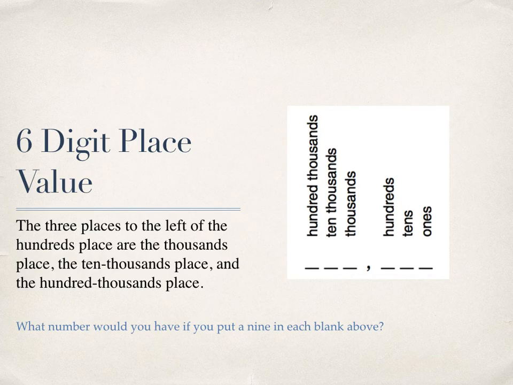So what are the place values in a 6-digit number? The 3 places to the left of the hundreds place are the thousands place, the 10,000s place, and the 100,000s place. What number would you have if you put a 9 in each blank above?